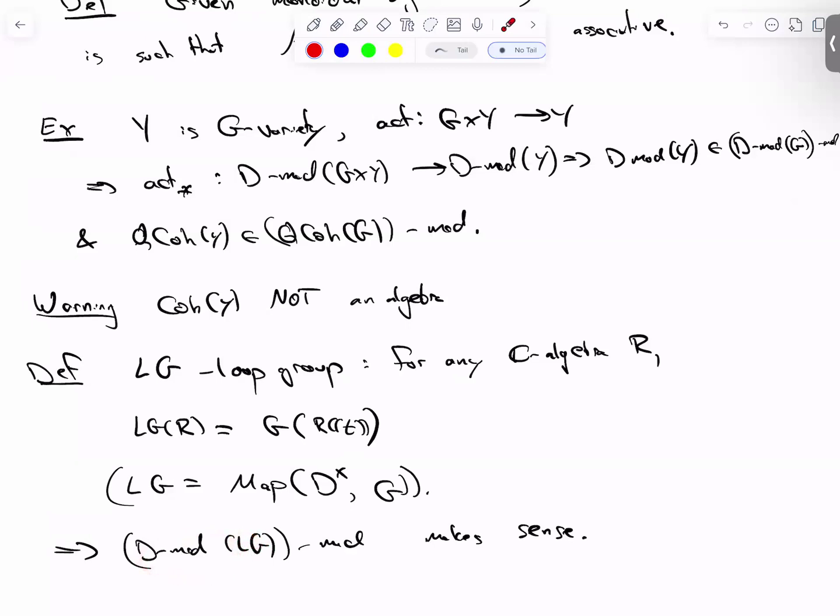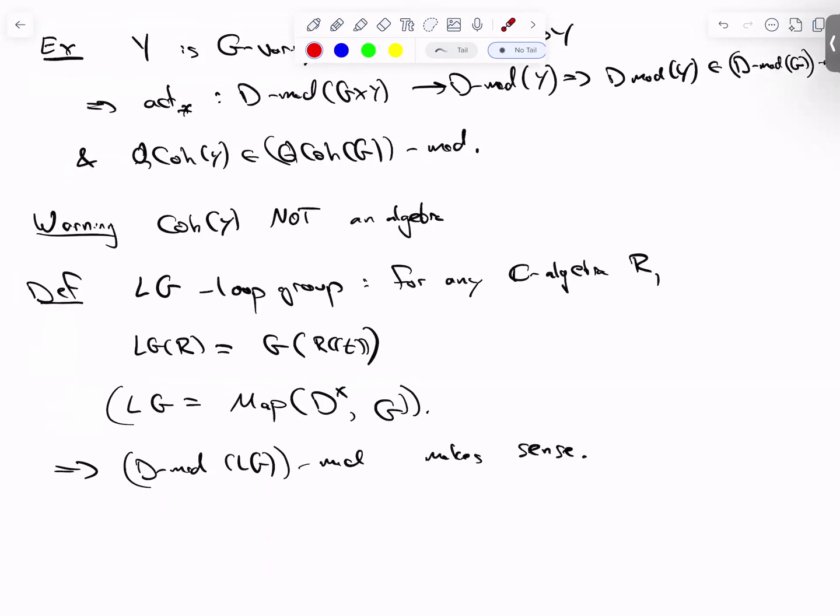Now for D mod of LG, LG is an ind-scheme, so we have to say that this category of D modules is the inverse limit of D mod of LG mod K, where K runs through all open compacts. That's the definition, but it's a minor point, and it's still symmetric monoidal, because each one of those constituents of the limit is itself monoidal.